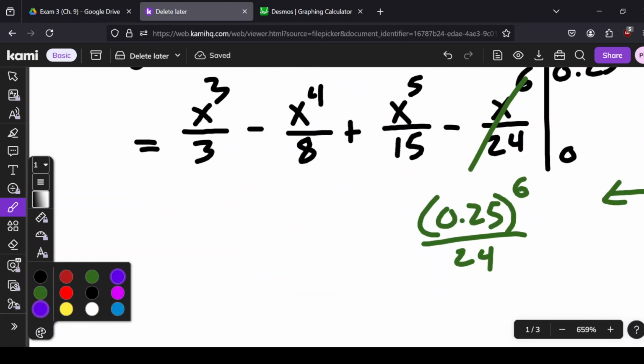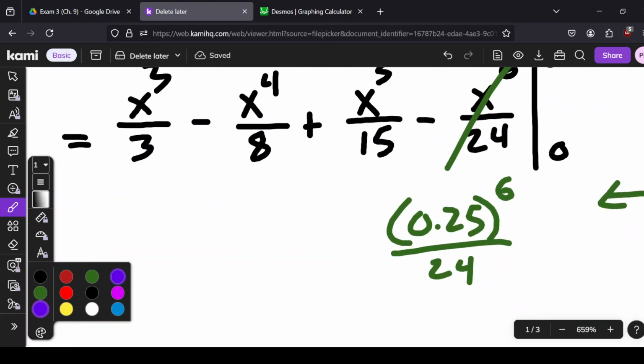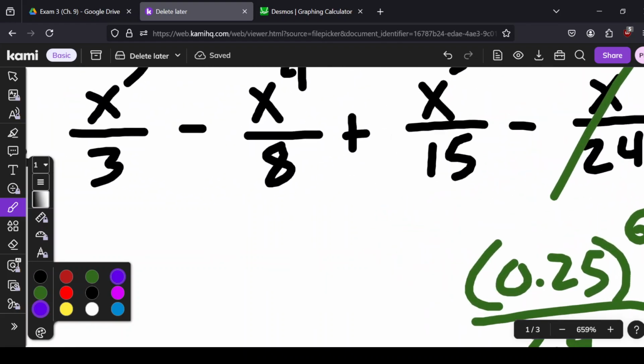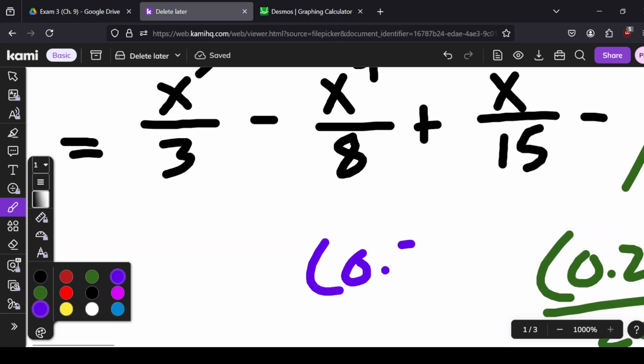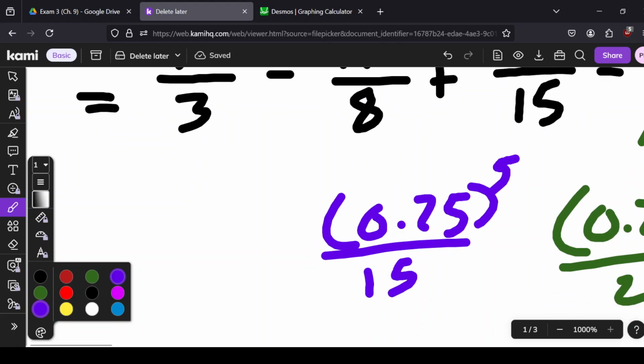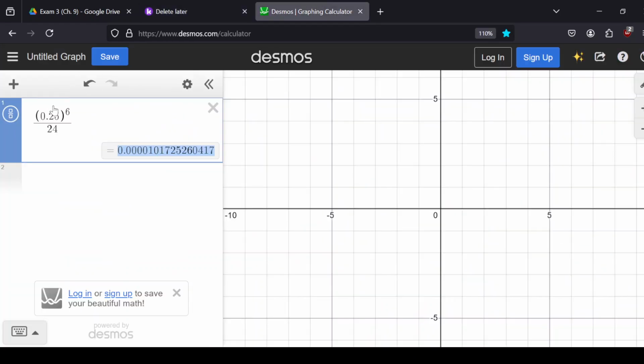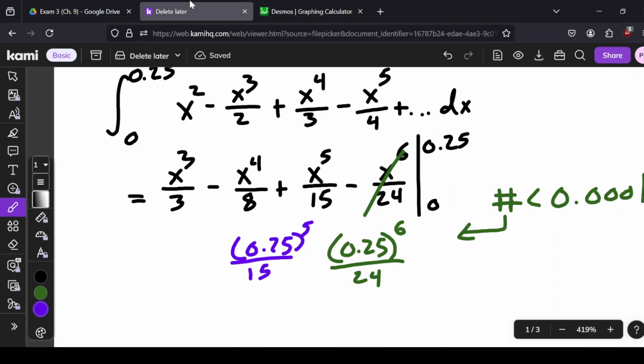Let's test this one. 5th over 15. Let's try that out. 0, 1, 2, 3. Boom.